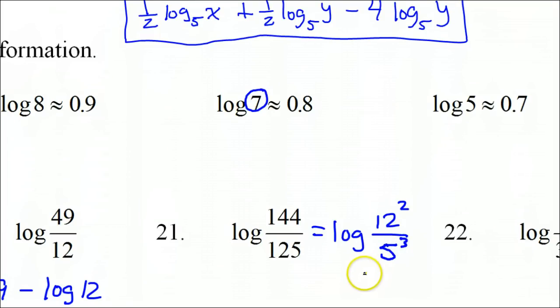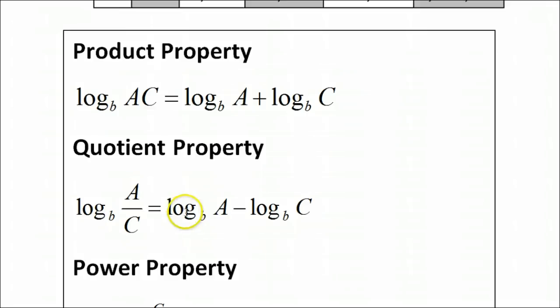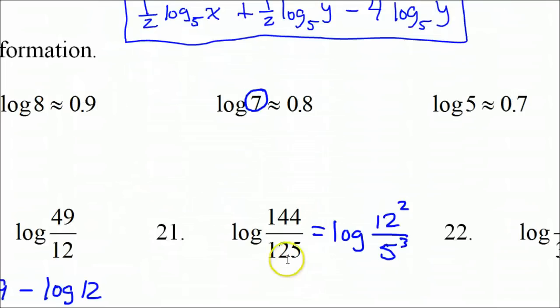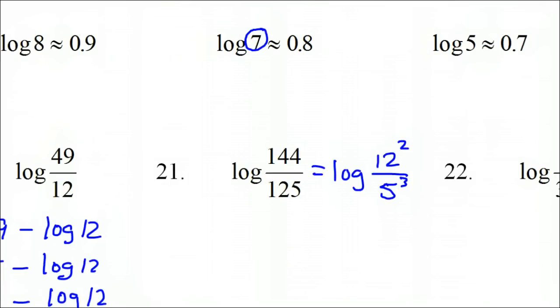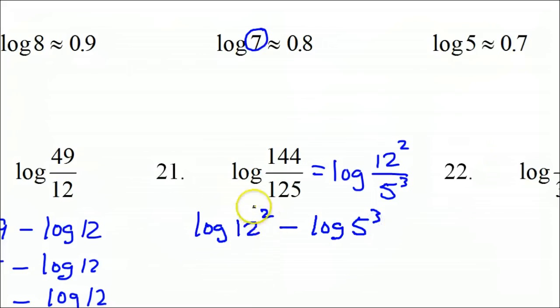So then we can just use the quotient rule and write this as log minus log. So this will become log 12 squared minus log 5 to the third power. Now these exponents are going to jump to the front. So this will be 2 log 12 minus 3 log 5.